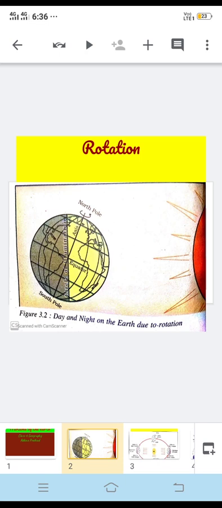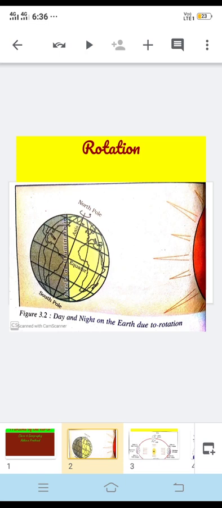So I am again repeating, what is the circle of illumination? The circle of illumination is the line that makes half of the earth day and half night. It marks the place up to where the sun rays go, and beyond that the sun rays do not reach the other part of the earth.